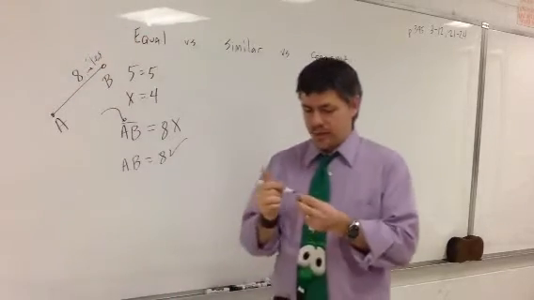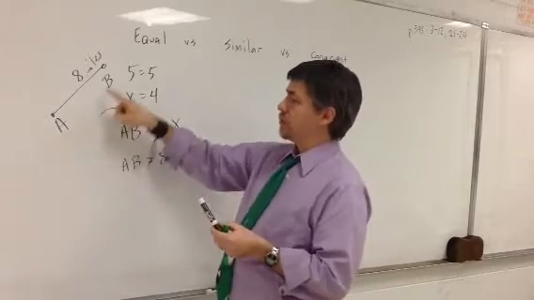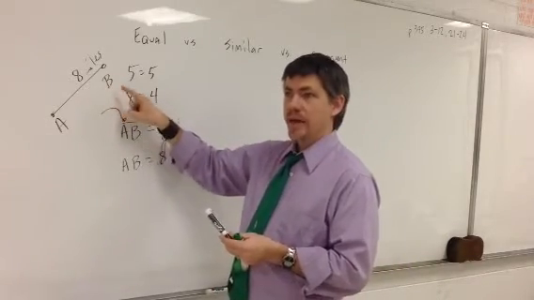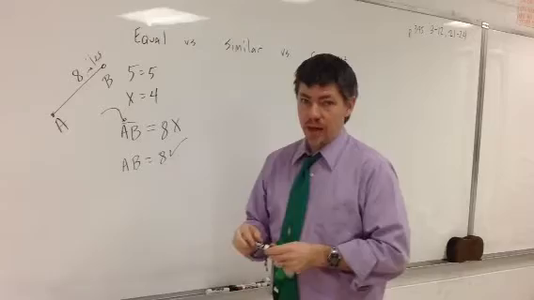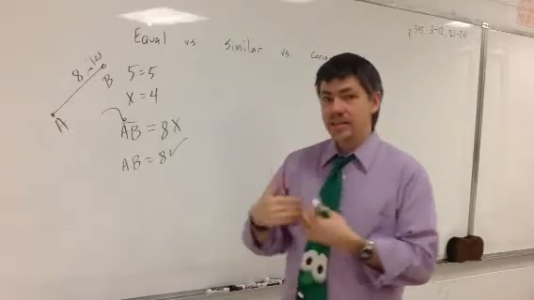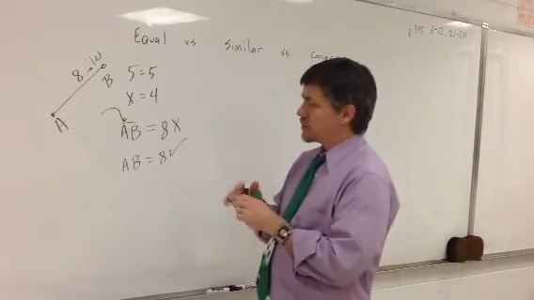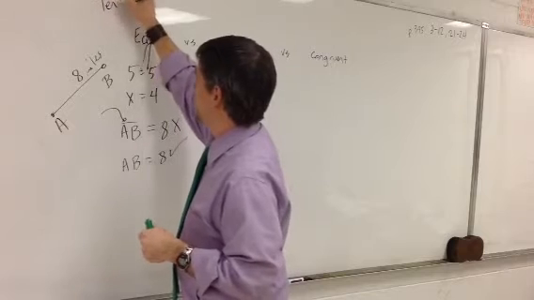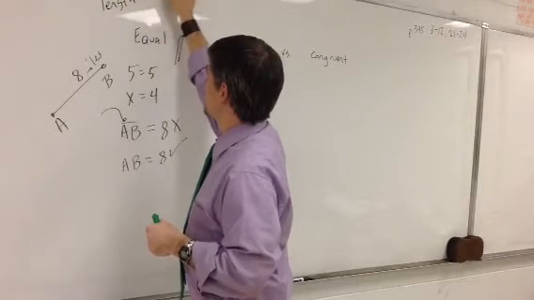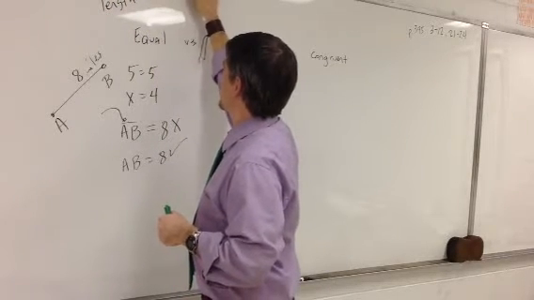I can't say the distance from Atlanta to Birmingham has a length of 8 miles. I say it's the distance. Notice the difference between length versus distance.